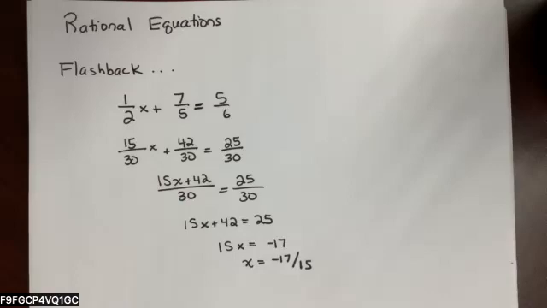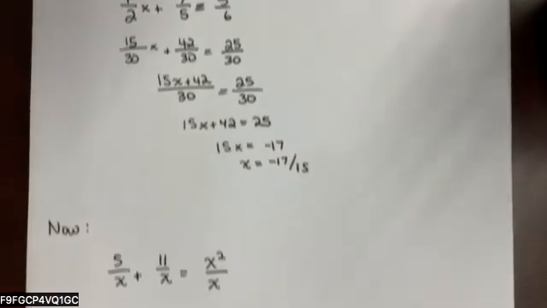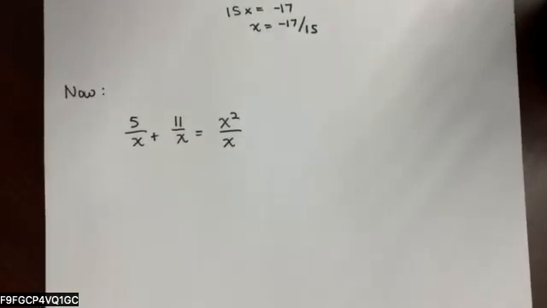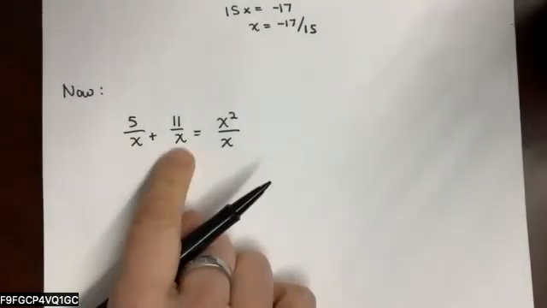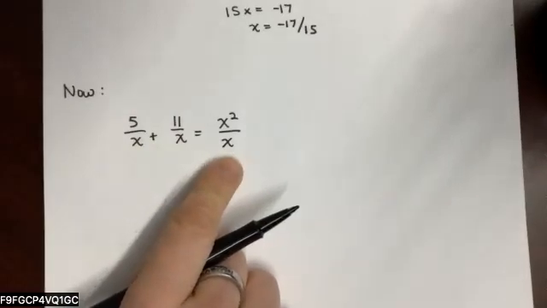This was back in the days of Algebra 1, when our denominators were all numbers. What happens now when our denominators are not numbers? Let's take a look. We are solving. And remember that when we solve, especially if there's the potential of any kind of solution that could cause problems, we need to be careful what we do. So let's try this. I notice I have a common denominator across the board.